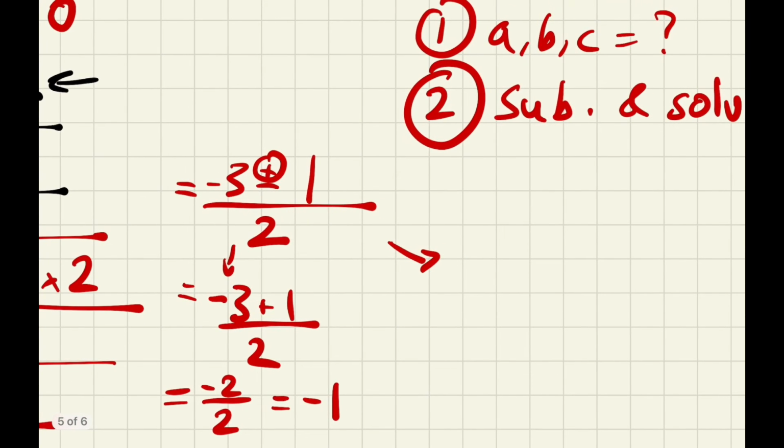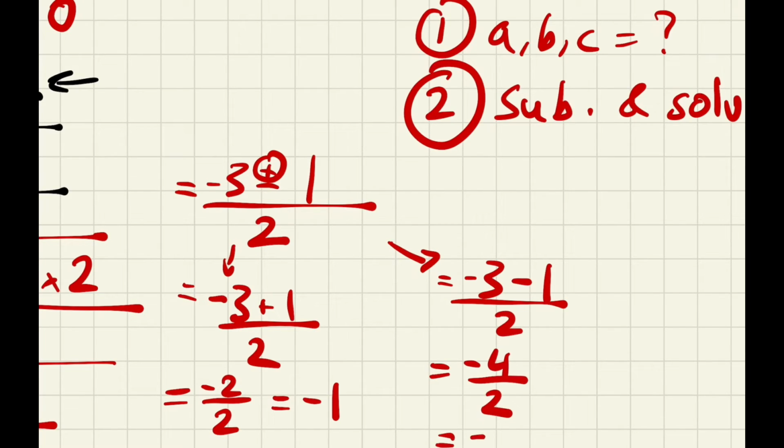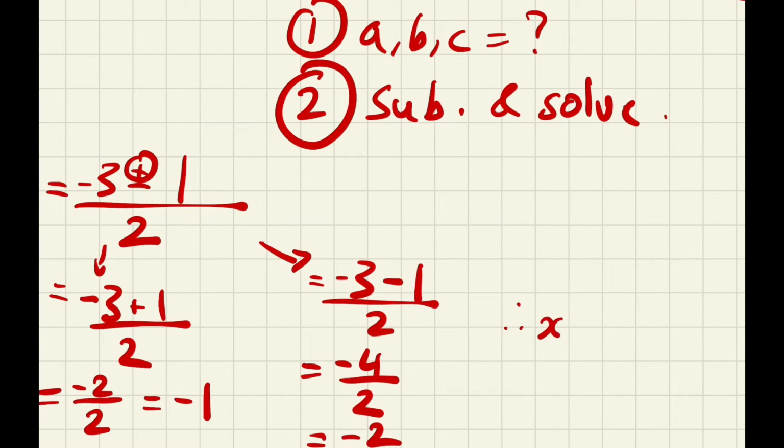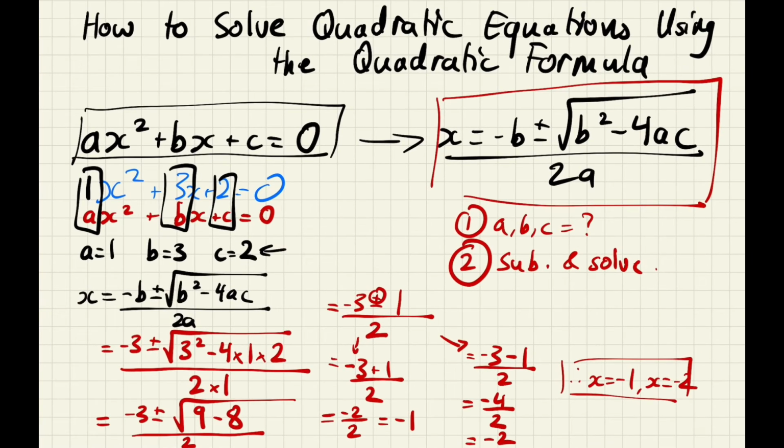Now, taking the negative case, we have minus 3 minus 1 all over 2. Then we'll have minus 4 on 2, which is negative 2. So therefore, we can conclude that x is equal to minus 1, and x is also equal to minus 2. And that's how we use our quadratic formula to solve for x in a quadratic equation.